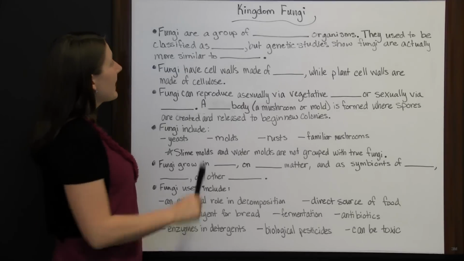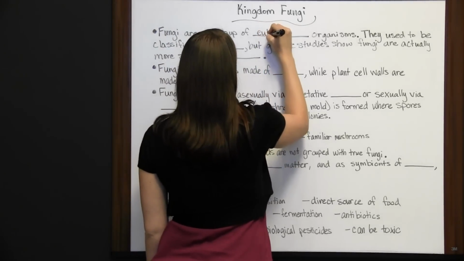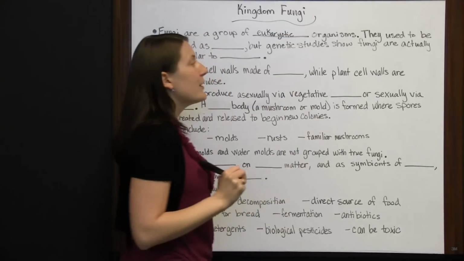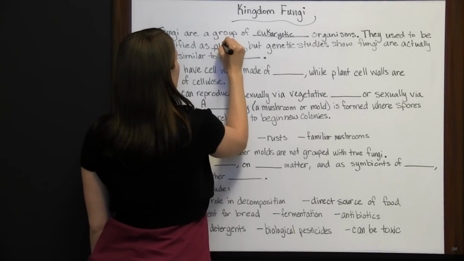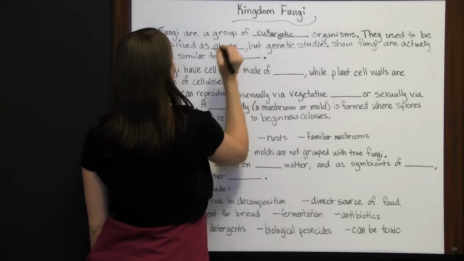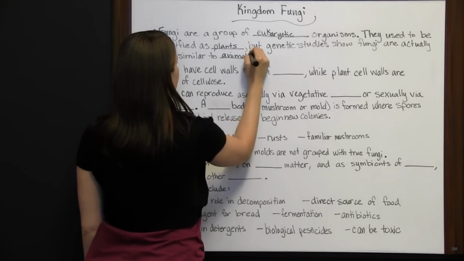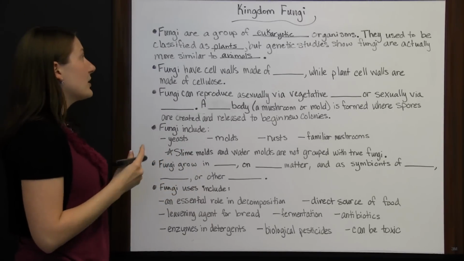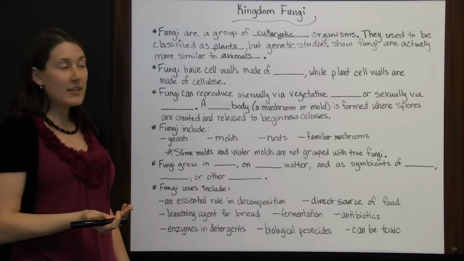Kingdom fungi. Fungi are a group of eukaryotic organisms. They used to be classified as plants, but genetic studies show that fungi are actually more similar to animals. Now, one reason that fungi were originally classified with plants is because they have a cell wall, just like plants do.